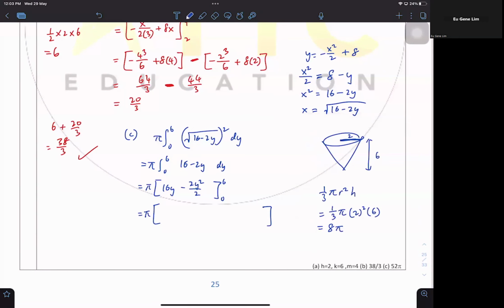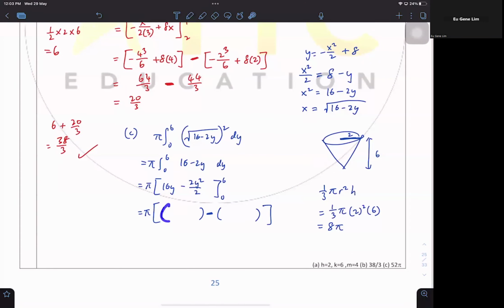The big box outside is pi. Inside the box you sub the top minus sub the bottom. Be careful with the brackets. Sub the top is 16 times 6 minus 2 times 6 power 2 over 2. Sub the bottom 0 is 16 times 0 minus 2 times 0 power 2 over 2.